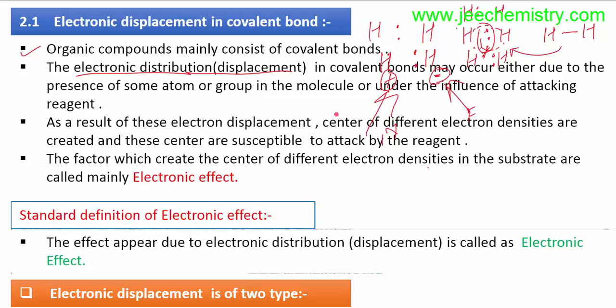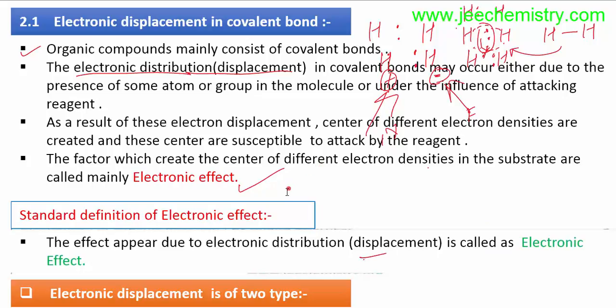The mechanism of creating different electron density and the electron displacement happening in compounds is called the electronic effect. The electronic effect is the reason for this happening, and the process is called the electronic effect. We will learn the electronic effect in detail. There is a classification of electronic effect. A standard definition: the effect due to electronic distribution or displacement is called the electronic effect.